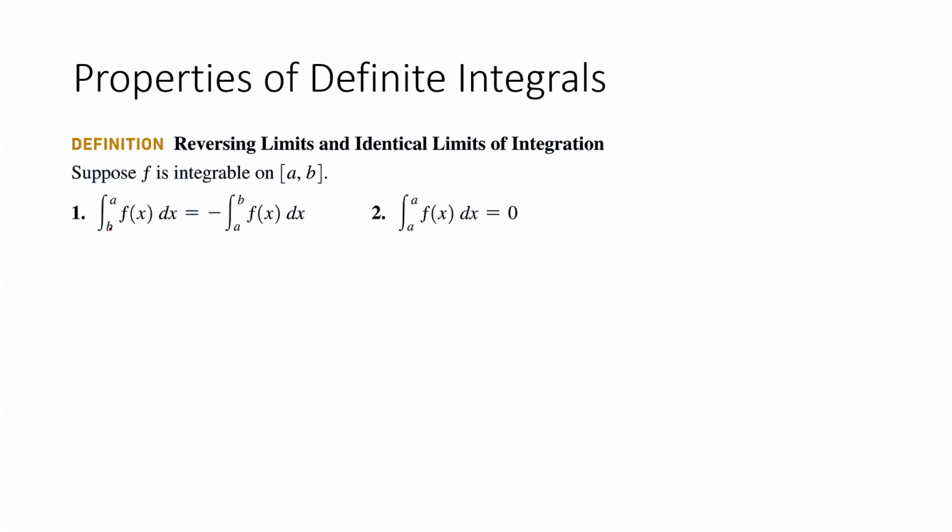What they're showing you here is that the integral from B to A is the opposite in sign to the integral from A to B. So in other words here, if we switch the order of the limits of integration, so going from B to A instead of A to B, it just switches the sign.